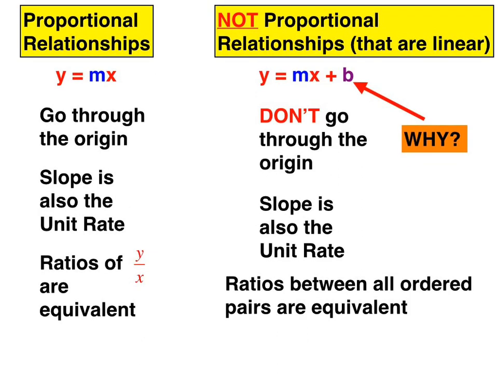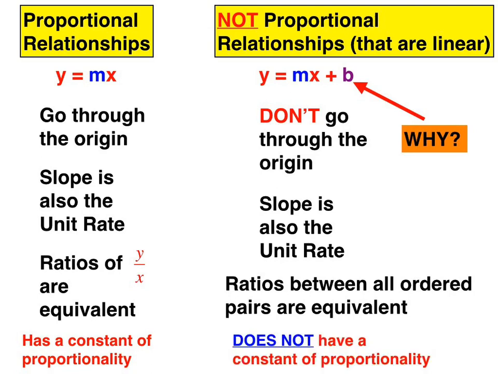All right, proportional relationships, and this is the last thing on this list, have a constant of proportionality. But linear functions that are not proportional do not have a constant of proportionality. These two things have a lot in common, but there are a few things that are different about them. And I'm going to stop for about a minute to let everybody get caught up.